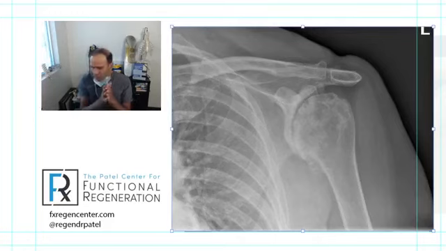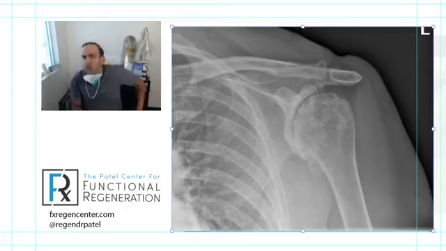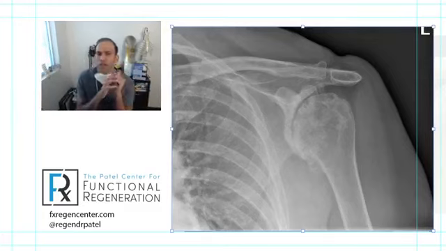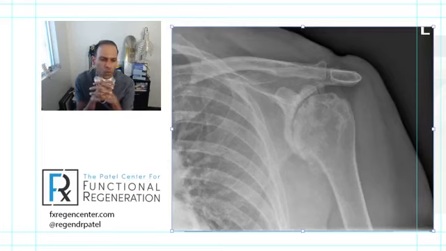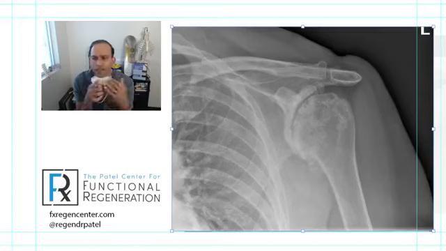So that's kind of the spectrum of how osteoarthritis takes place in the shoulder joint, what we can do to slow down the progress. If we have issues, we just need to be wary of that and try to address these things before they start to get worse.